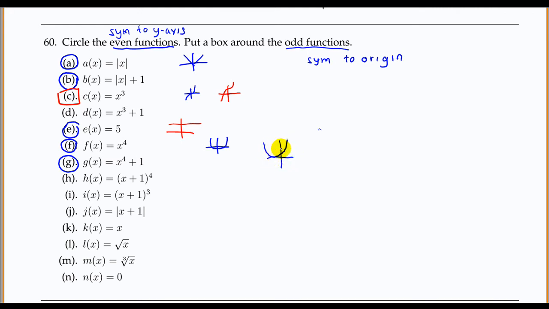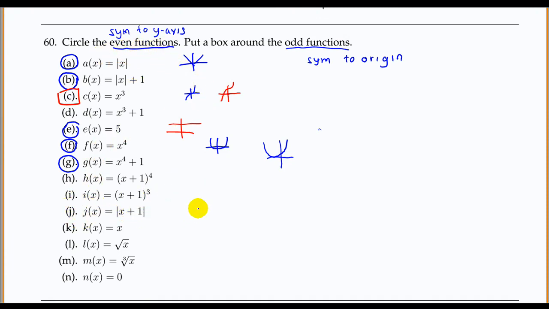Which is no longer symmetrical to the y-axis, and it is also not symmetrical to the origin, so this is neither. (x plus 1) cubed is obtained by shifting the graph of x cubed 1 unit to the left. It is not symmetrical to any of y-axis or origin.